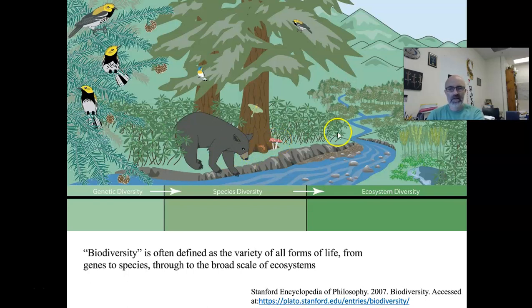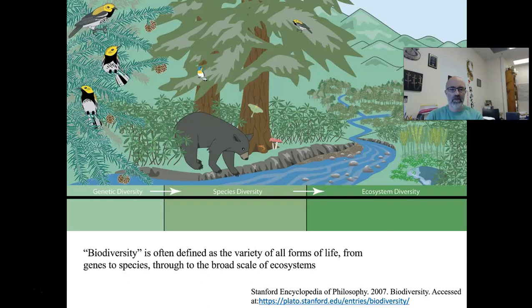Okay, and then hierarchically above the species diversity, we have ecosystem diversity. So all these different species group together into communities, and those communities gather around different abiotic factors.